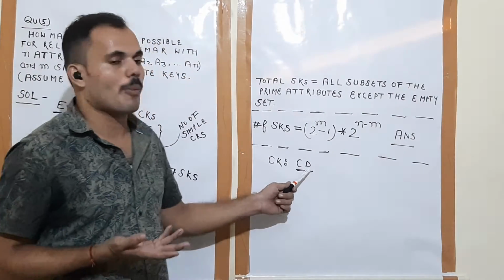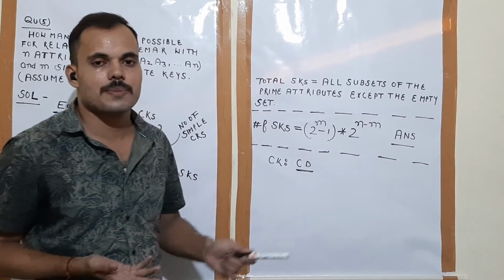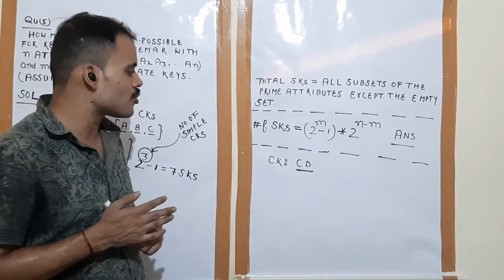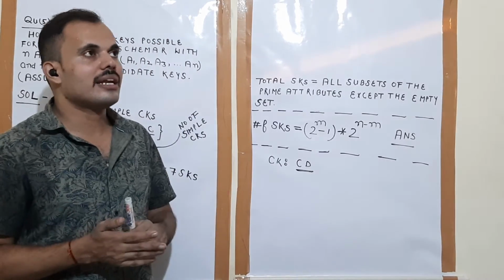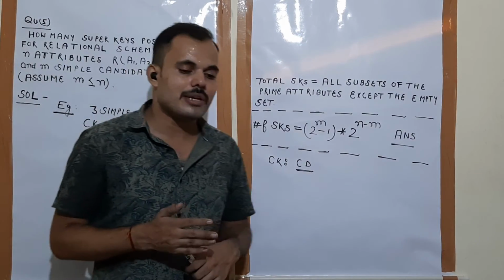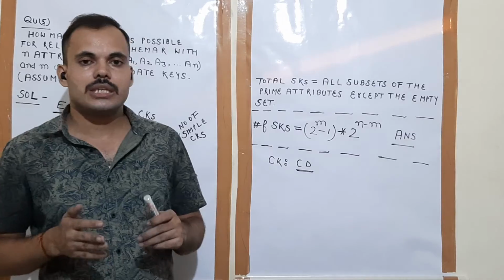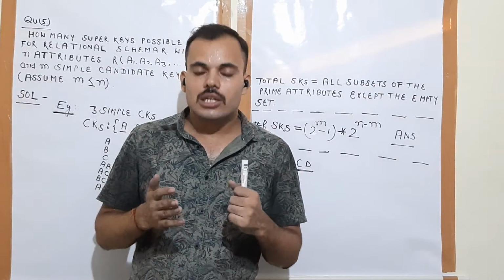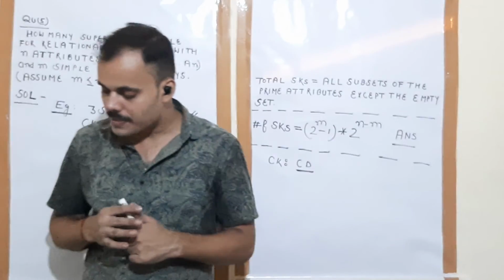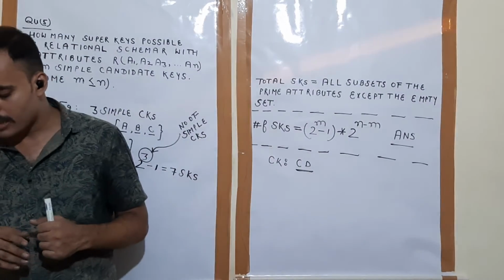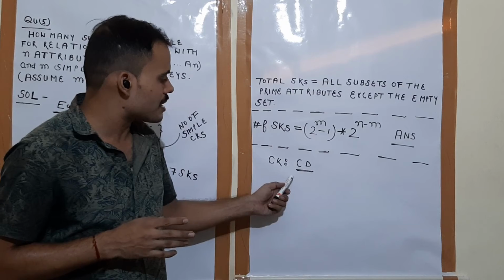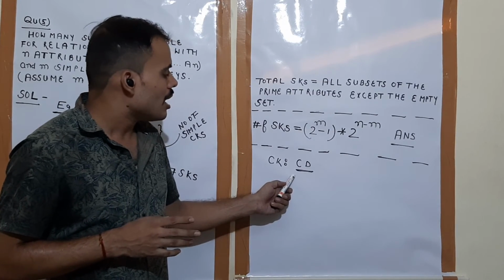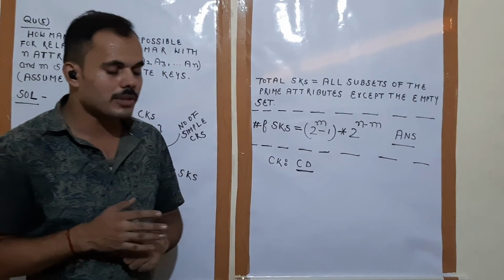D is a proper subset of the candidate key, and a proper subset of a candidate key can never be a super key. So if a compound candidate key is there, then not every subset of the prime attributes will become a super key.